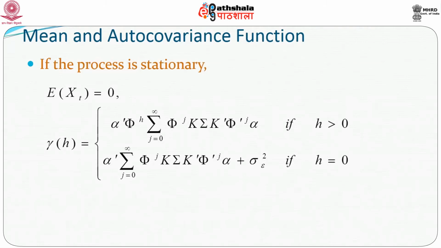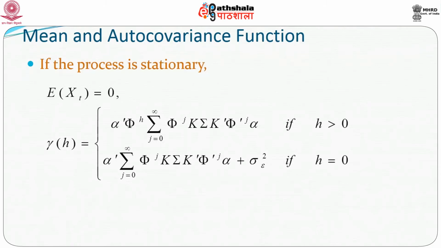But if the lag is 0, this boils down to looking at the variance, which is gamma naught, that is the variance of xt. In that case, of course, j becomes equal to j plus h, so h is 0 in this case. So the first term does not have phi to the power of h, but in this case we have epsilon t coming in from both xt and the other xt plus h, where h is 0.